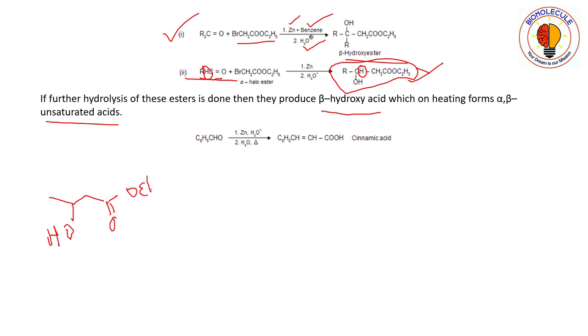So this is your beta hydroxy acid. If we further hydrolyze this ester portion, then this ester portion will hydrolyze to acid.